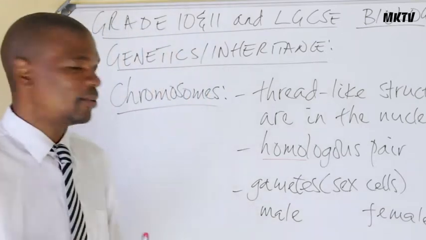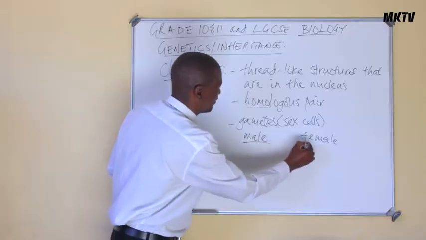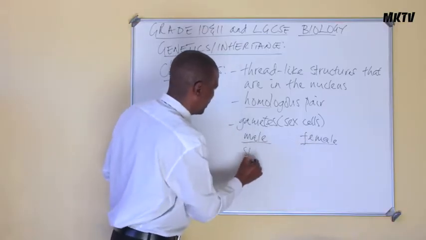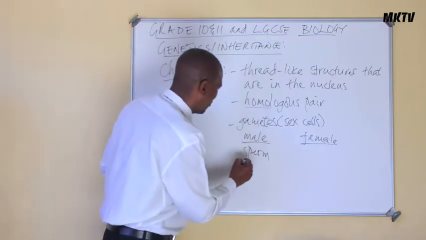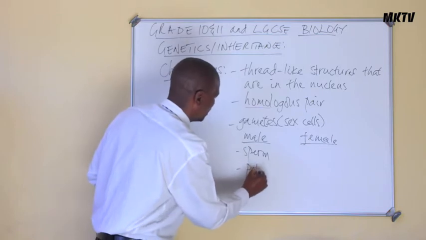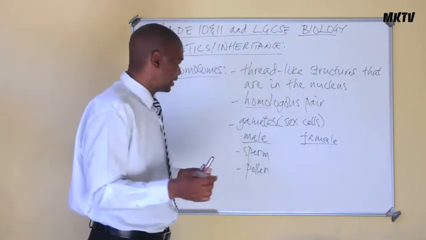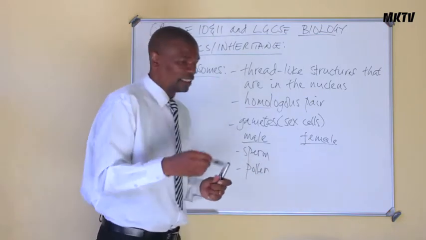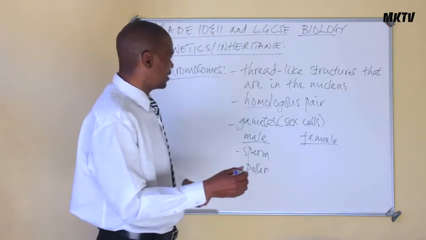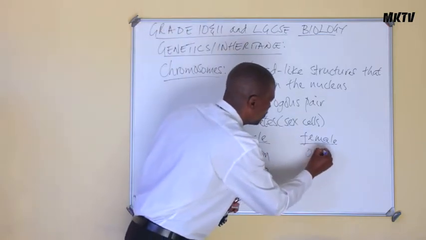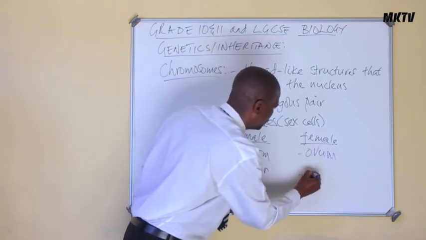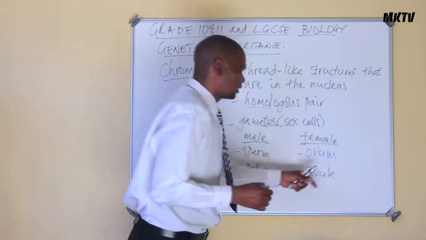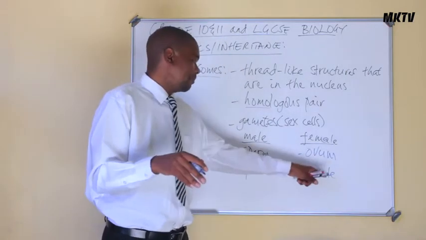If we're talking about animals, we have got a sperm or a spermatozoan, and for plants we have got what we call the pollen or the pollen grain. And then let me use a different color for female. For animals we have got an ovum, and for plants we shall have what we call an ovule. This is where the gametes are found.